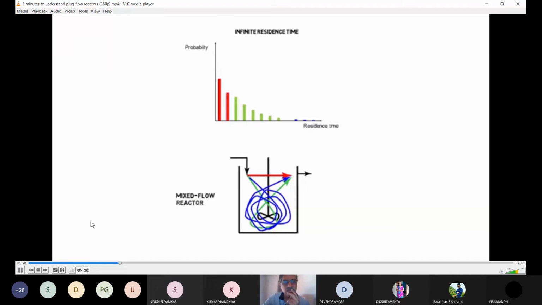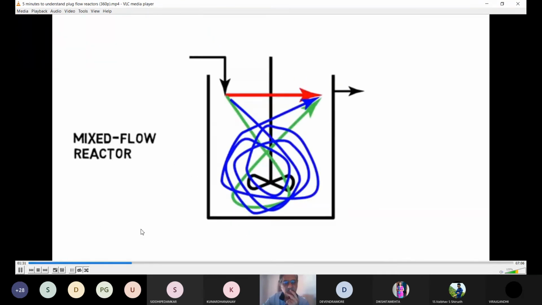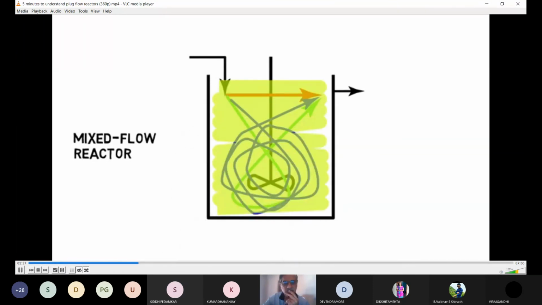Many molecules with residence times in between both extremes. The resulting curve has the shape of a decreasing exponential function. Let's return to the industrial scale stirred tank reactor. Another problem is that the concentration of the reactant is uniform throughout the reactor, since the reactor is stirred continuously.